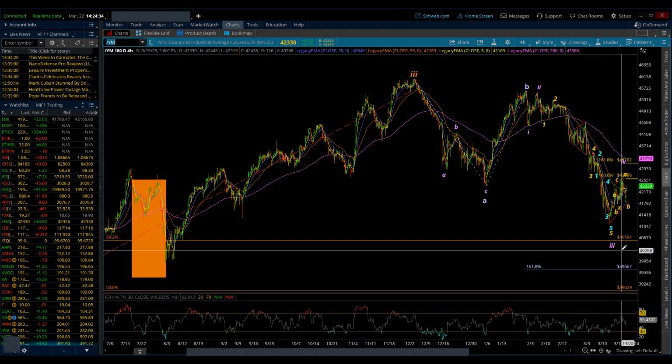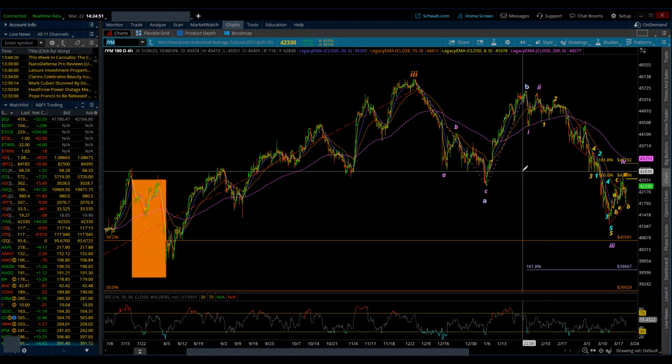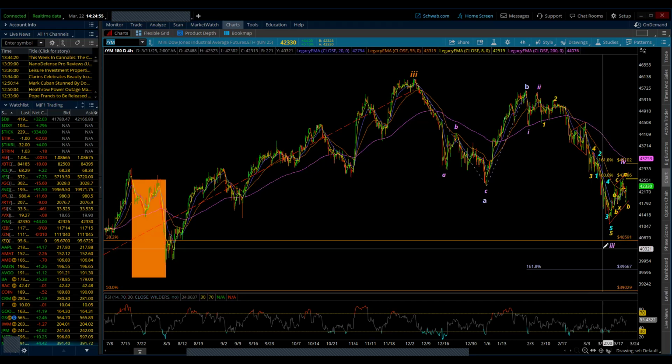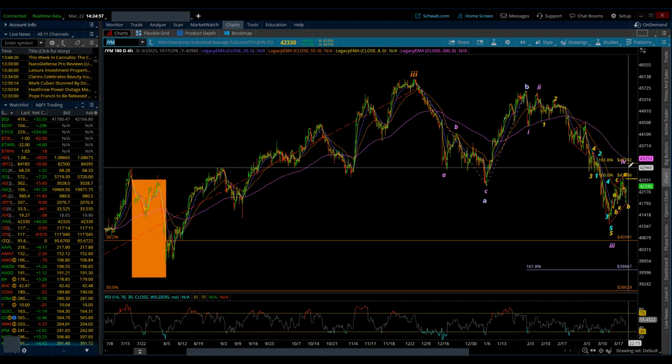In the case of the Dow, it'll be completing minor wave 4, setting the stage for a minor wave 5 launch. And if we go over to the S&P, it's going to be completing an intermediate, in a minor wave A of that intermediate wave 4.